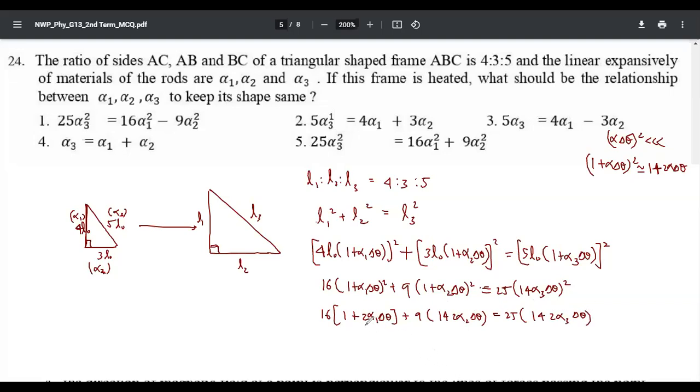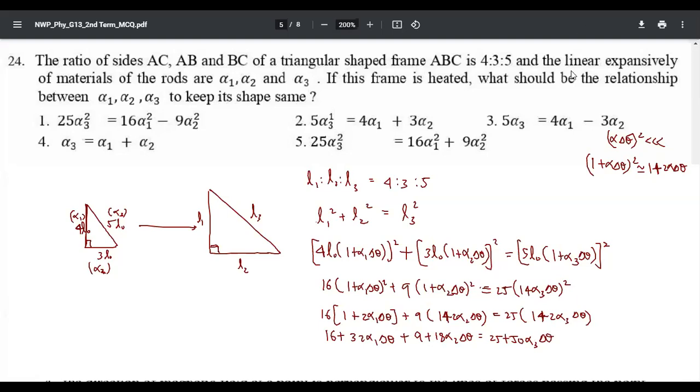So what will happen now, people? Hope you understood that. This is important. You need to know this. Now 16 plus 9 is there, and here we have 25. So 16 plus 32 alpha 1 delta theta plus 9 plus 18 alpha 2 delta theta equal 25 plus 50 alpha 3 delta theta.